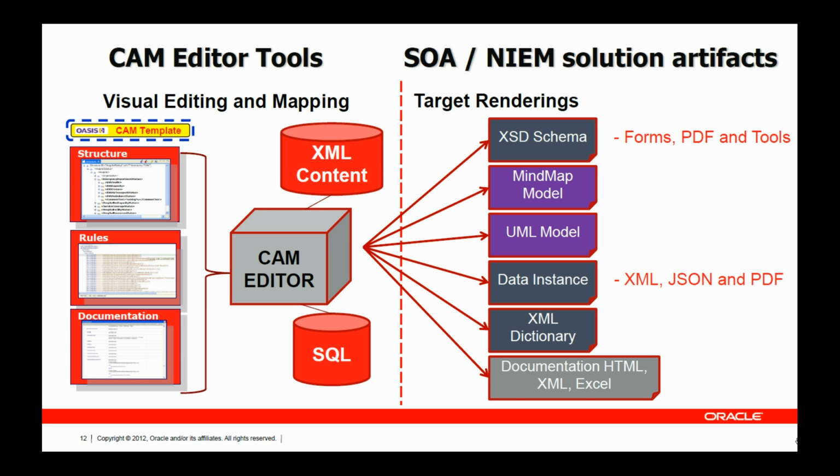So conceptually, on the left hand side, we mapped from our SQL to our XML content, stored that template in the CAM editor, and then to complete the task, in addition to running the Open-XDX and verifying that you get the data that you want, you have these additional artifacts that you need to create. And the first one, of course, is the XSD schema.